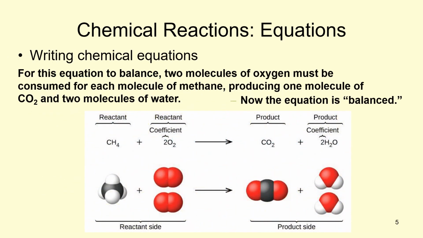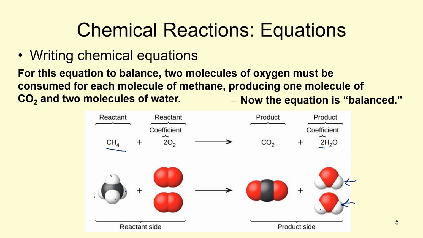All right, so if you notice here, we have 4 hydrogen on the left, and we only have 2 on the right. So in order to get 4 hydrogen on the right, we multiply by 2, or in other words, we have 2 waters rather than 1. So now you can see we have 1, 2, 3, 4 hydrogen, and we have 1, 2, 3, 4 hydrogen.